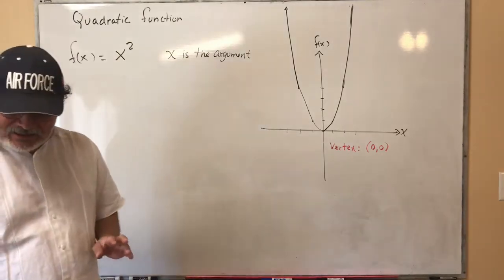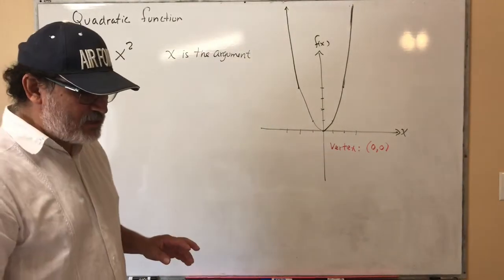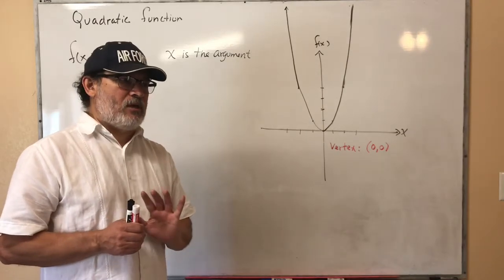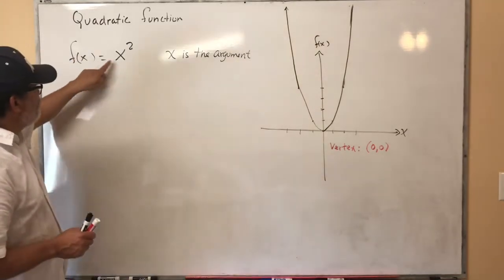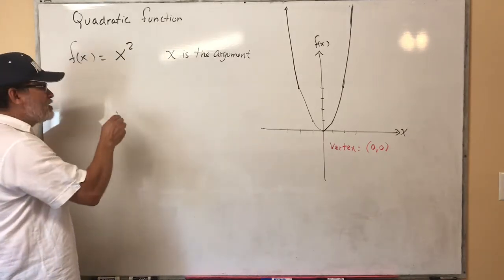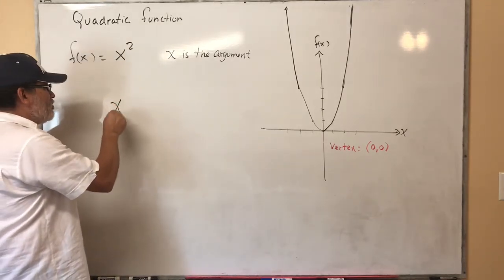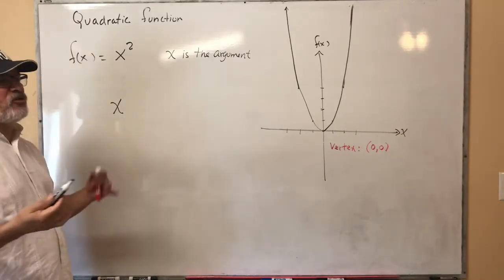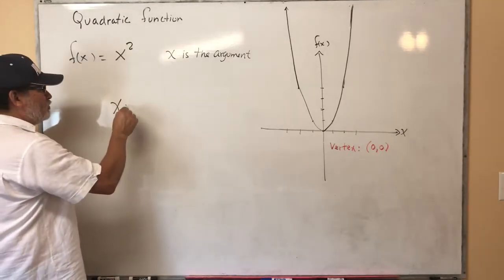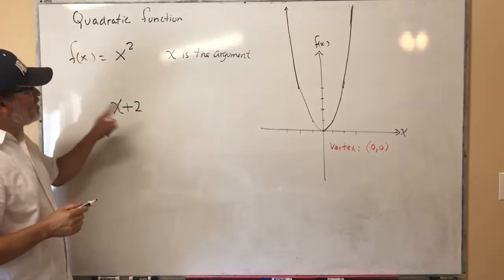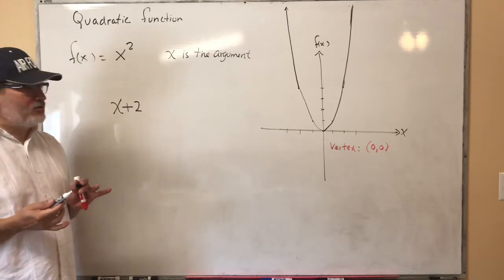Watch what happens if I take the argument and I come up with a new argument. I'm going to take this argument x, and I'm gonna add or subtract to the argument. Here I'm gonna add 2. So this x plus 2 is the new argument.